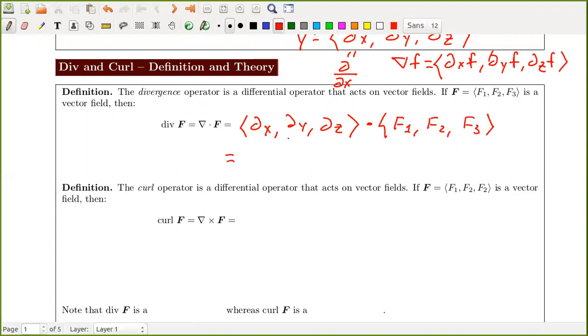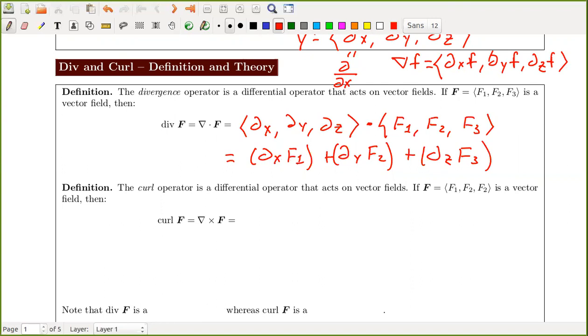Okay, so what is this? Well, just do what the dot product says. It's this times this. So this is partial x times f1 plus partial y times f2 plus partial z times f3. Only now, instead of this being normal multiplication, it's an operator.